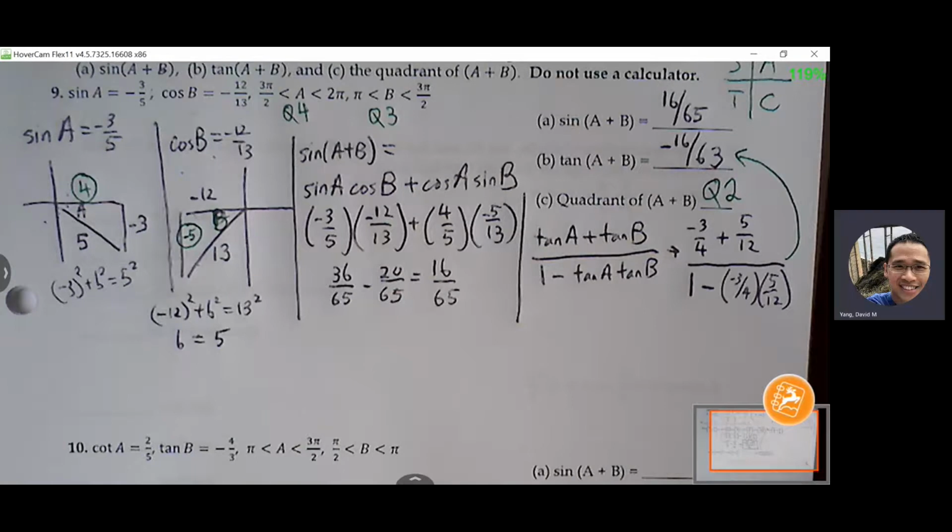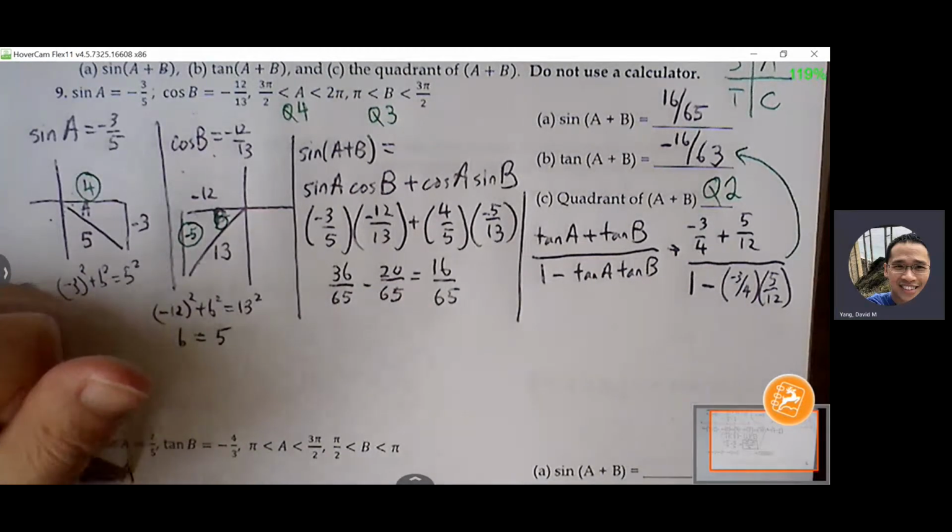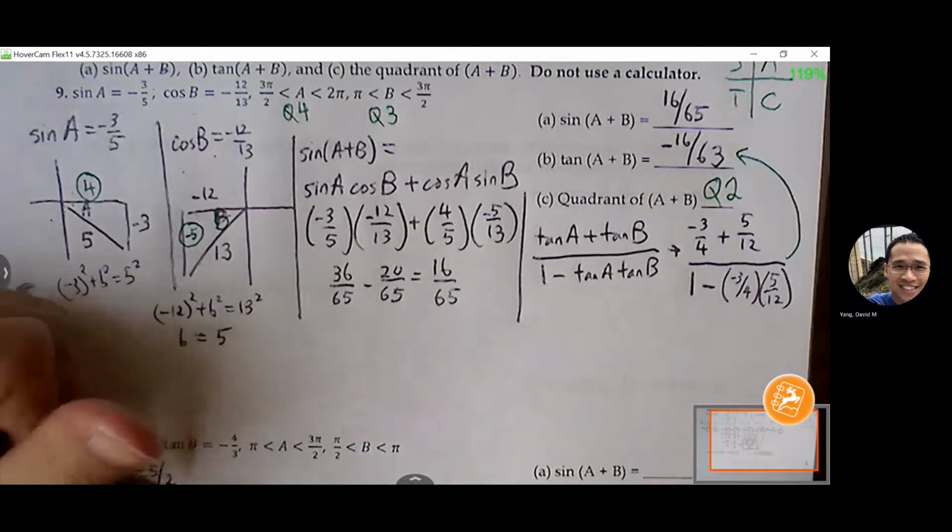We prefer to think in terms of what? Of tangent, right? I guess we don't have to change it, but it's just easier. So if cotangent of A is 2/5, then we can think of tangent of A as what? I find it more straightforward to think in terms of sine, cosine, and tangent if possible. So I'm going to say tangent of A is equal to 5/2.